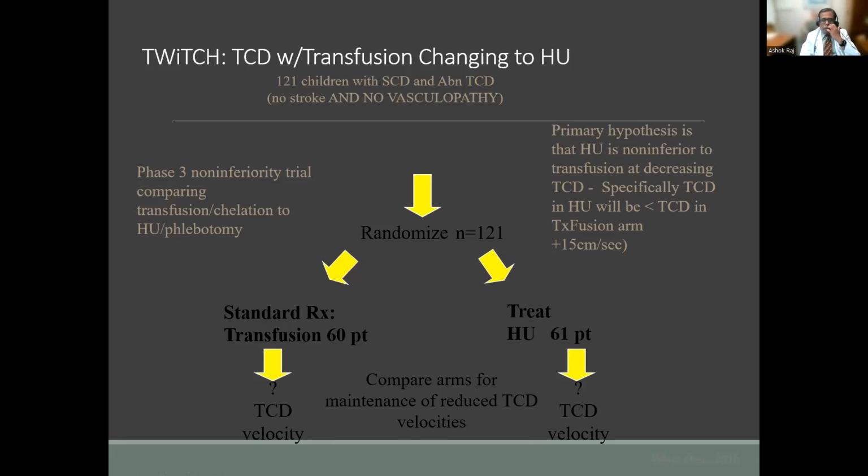So this was possible in the TWiTCH study. So some of our patients can come off transfusion if they just have increased transcranial Doppler velocities. But we have to be convinced that patients are going to be adherent to hydroxyurea therapy, which can be a problem in some patients with sickle cell disease.